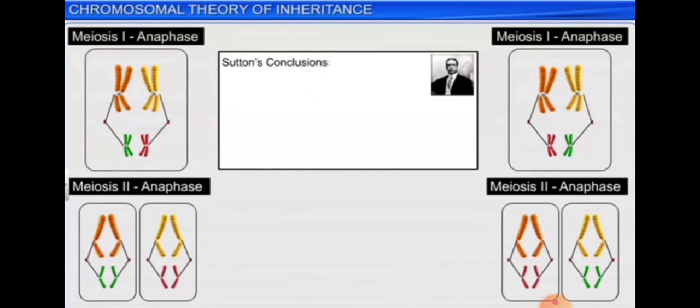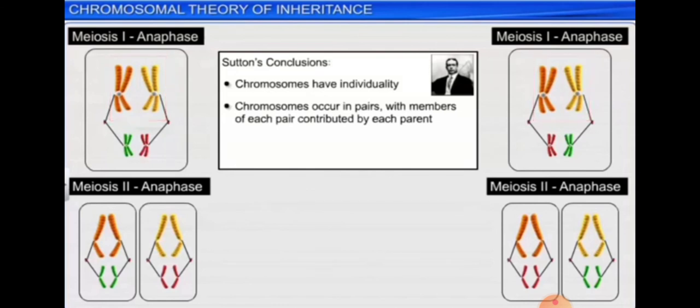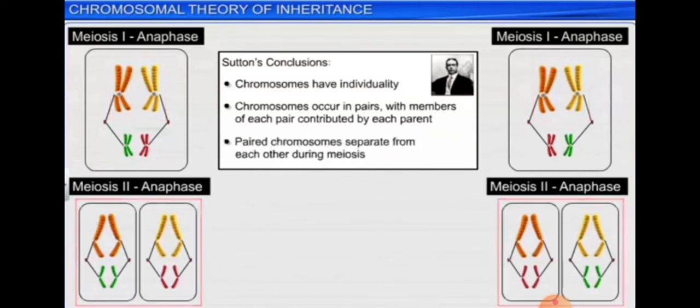Sutton analyzed this segregation of chromosomes during meiosis and concluded that chromosomes have individuality, and chromosomes occur in pairs with members of each pair contributed by each parent. He also concluded that the paired chromosomes separate from each other during meiosis, and the distribution of the paternal and maternal chromosomes in each homologous pair is independent of each other.